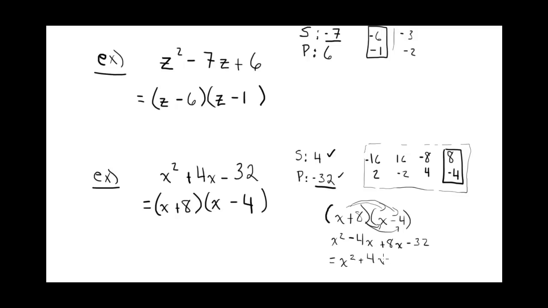If I group like terms, plus 4x minus 32. So I get back what I started with, so that's good. I know I did it right. So it's always, either write it down or do a mental check, just to make sure. And there's really no excuse to get a wrong answer then, because it's very easy to check.